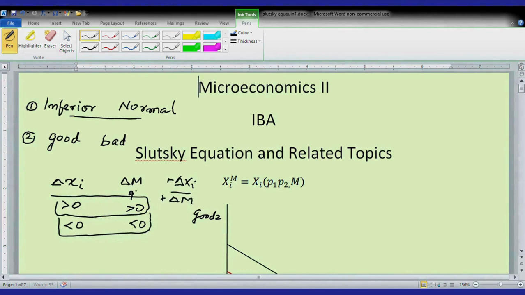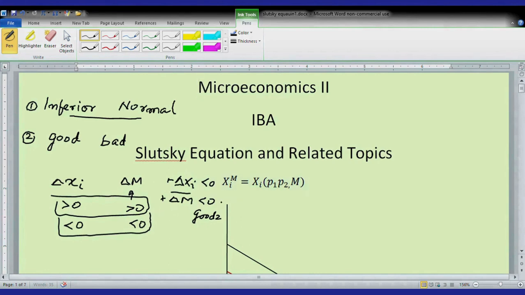On the other hand, when change in income is less than 0, that is if income decreases, then we observe side by side that the consumption of the good in question also decreases. Then this means that both the numerator and denominator are less than 0. Again the ratio will be positive, as minus minus will be cancelling out.